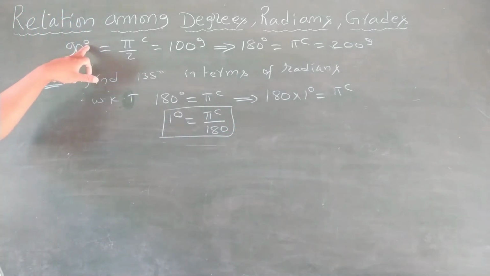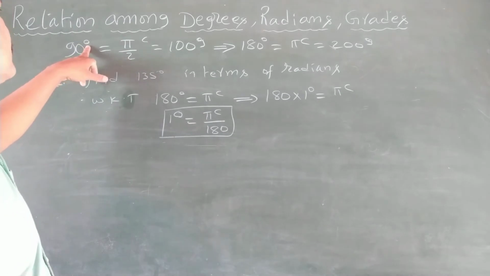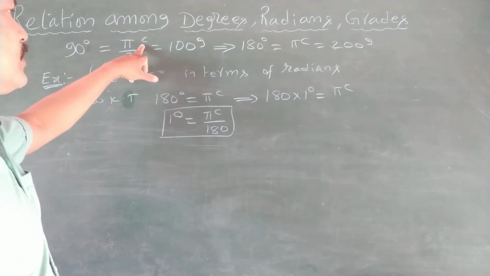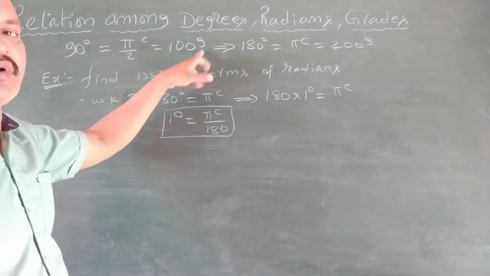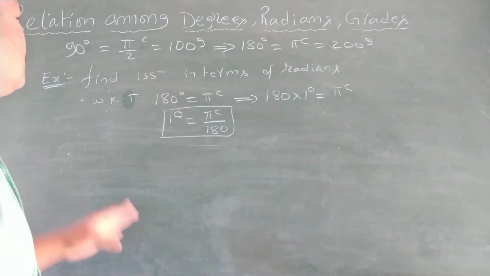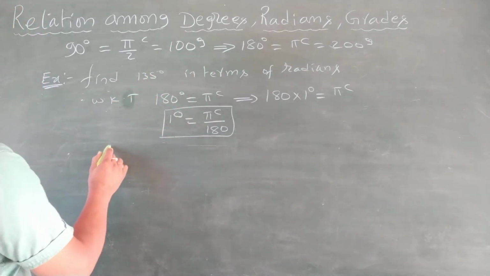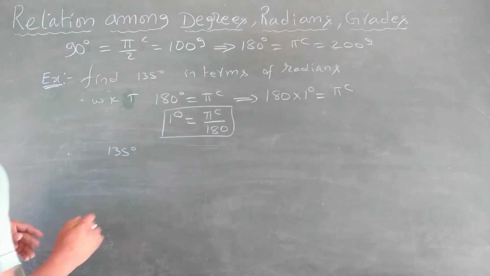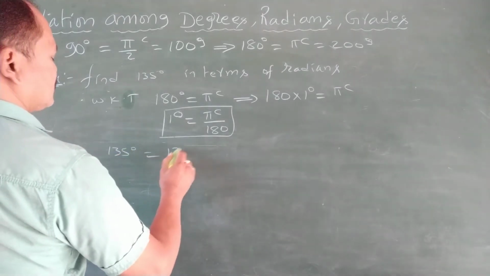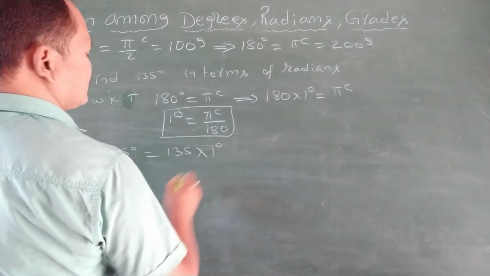This is the symbolic notation for degrees, this is the symbolic notation for radians, this is the symbolic notation for grades. Now, to find 135 degrees, this can be written as 135 into 1 degree.